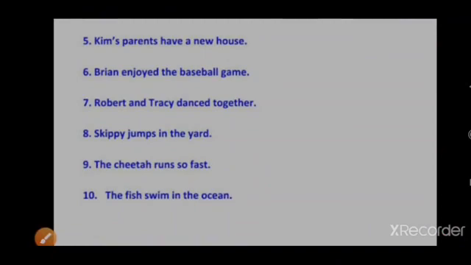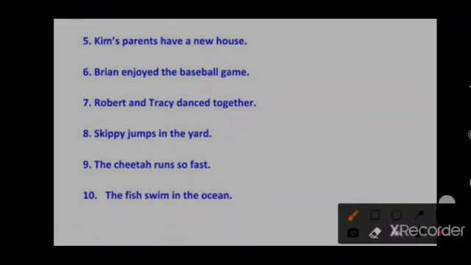Students, here look at the ninth sentence. The cheetah runs fast. I have told you all the time the subject comes at the beginning of the sentence. Beginning of the sentence means here 'the', but 'the' is not a subject. So if you underline 'the' as a subject, it is wrong.